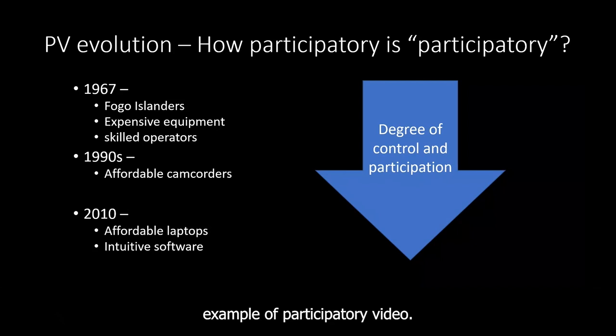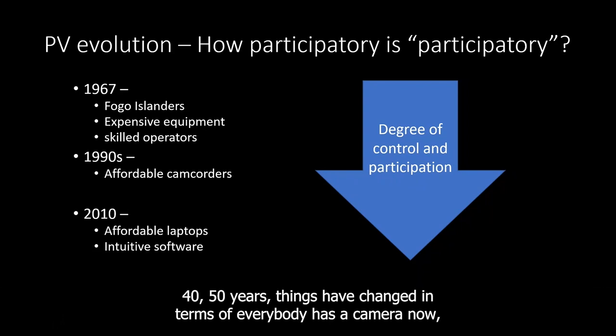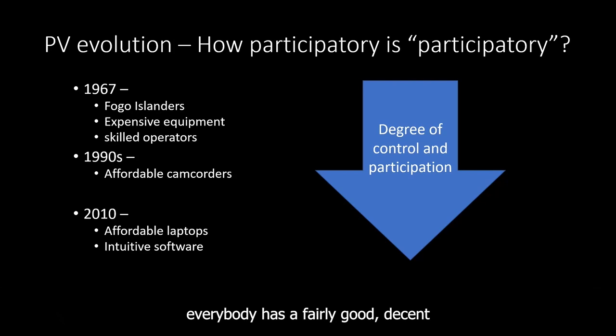example of participatory video. And I'm sure you're all aware that over the last 30, 40, 50 years, things have changed in that everybody has a camera now. Certainly in the UK, a lot of people have fairly decent video cameras on their phones.